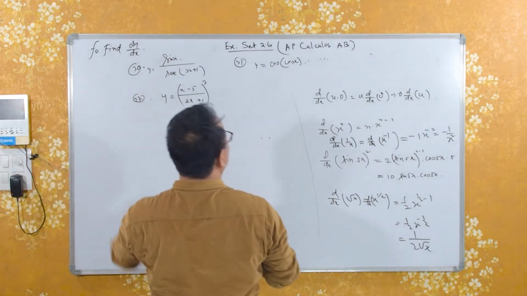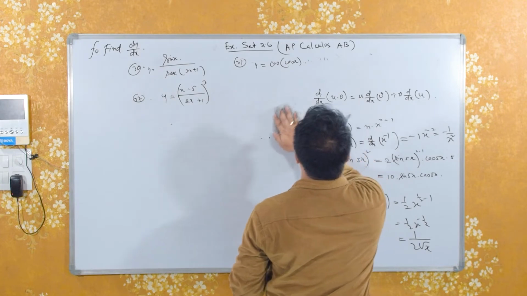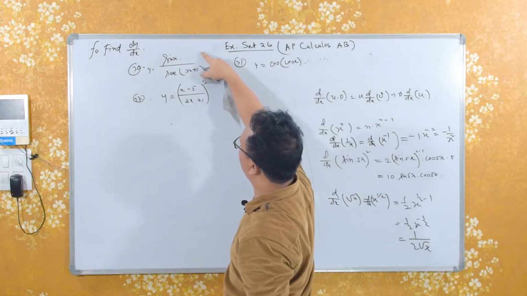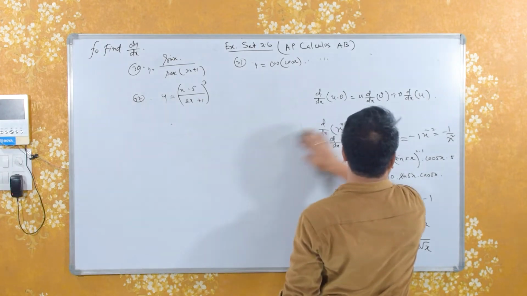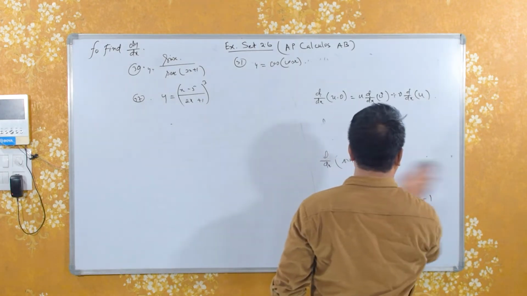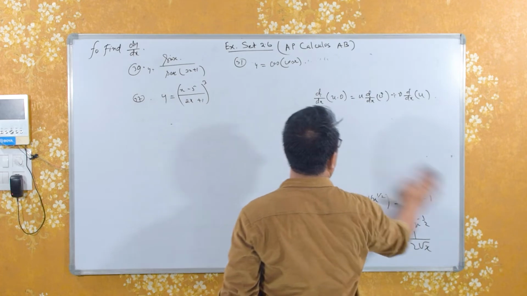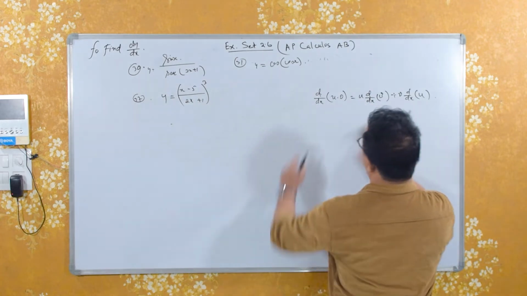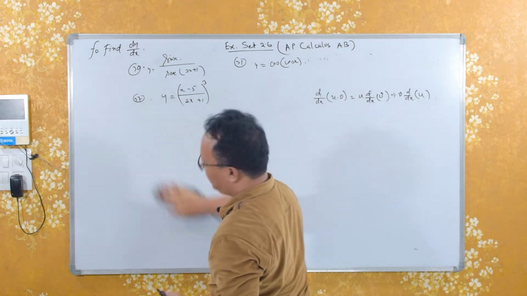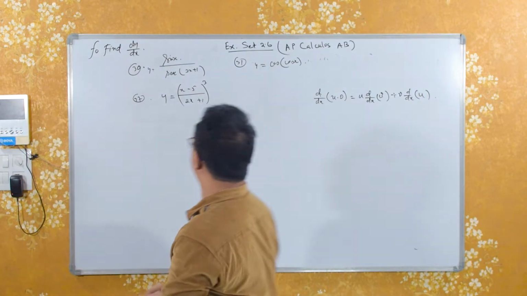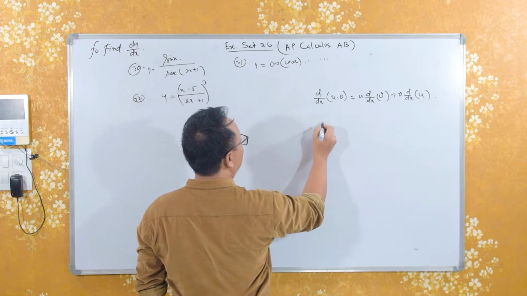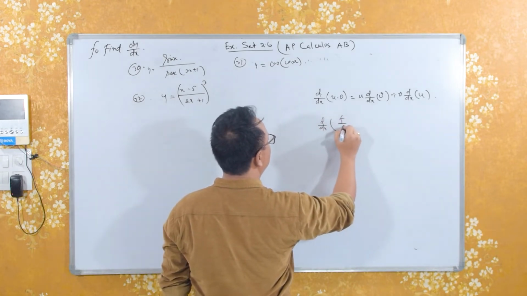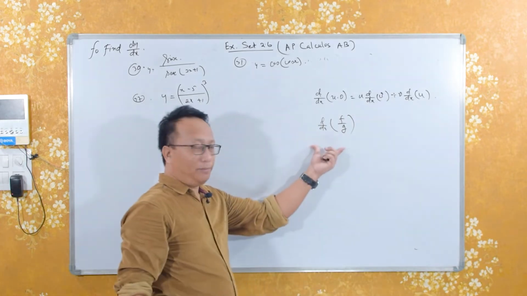Okay, now we have, okay, now here this is something upon something, this is called quotient rule. Okay, here we have to apply some other rule for differentiation. If it is a product function, then we have to apply this formula. Okay, if it is a division function, or you can say if it is of the form d by dx of f by g, okay, it will be what?